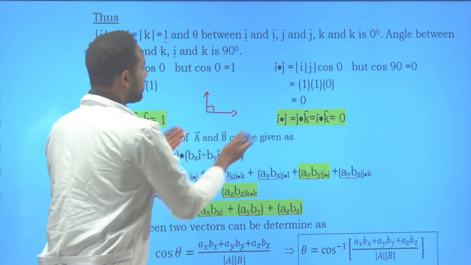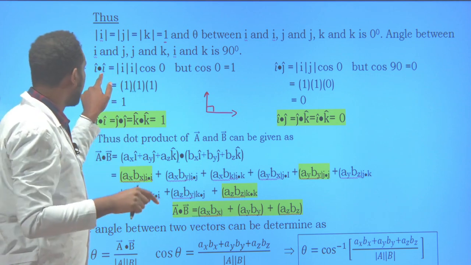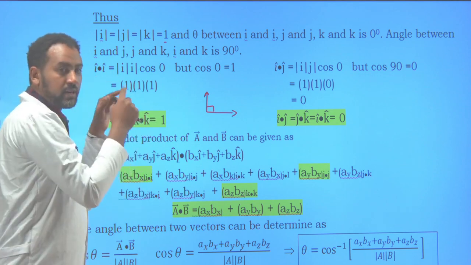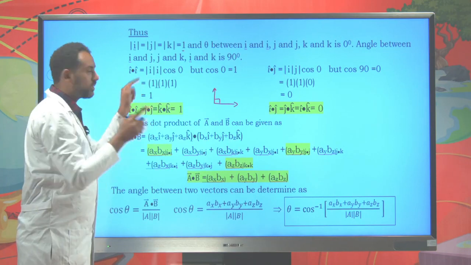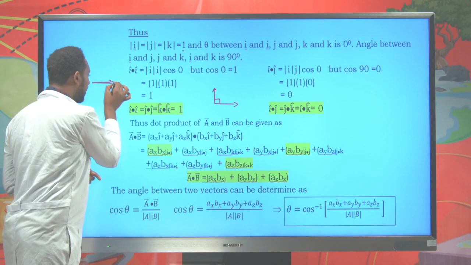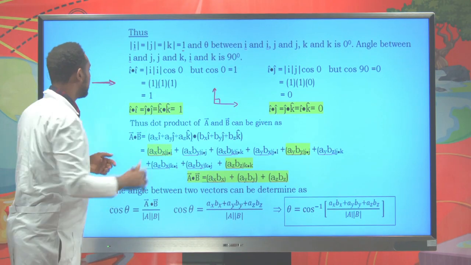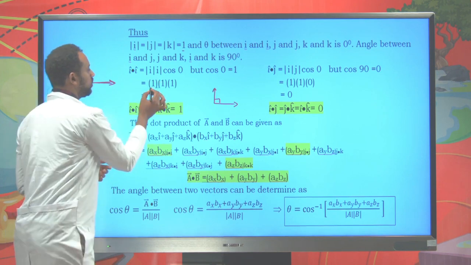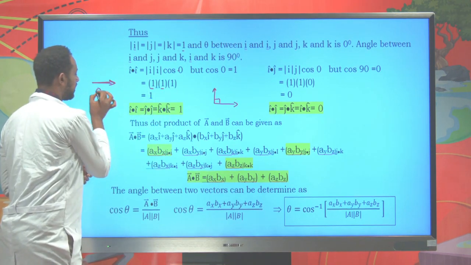So let's determine i dotted with i. It is the magnitude of i, times the magnitude of i, times the cosine of the angle between them. i is acting along the x-axis, and i is also acting along the x-axis. They are overlapping one another. Therefore, it gives you 1 times 1, and the angle between them is 0.